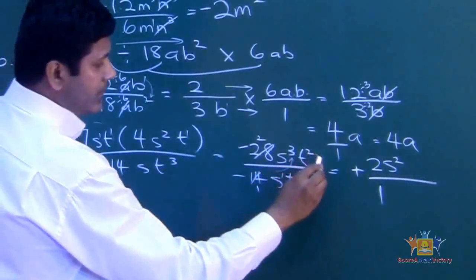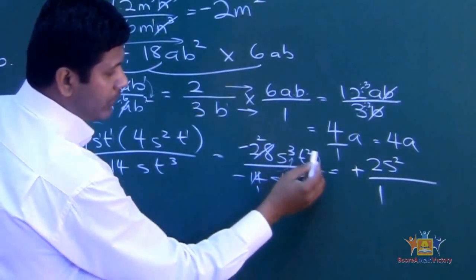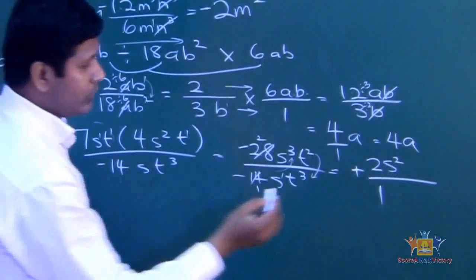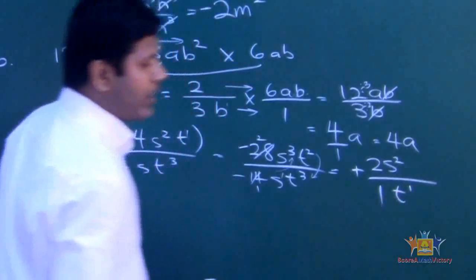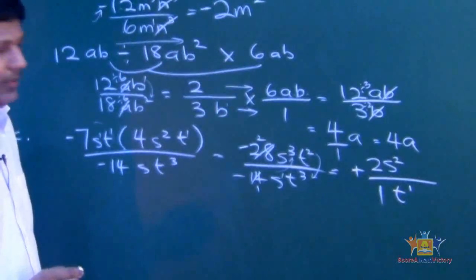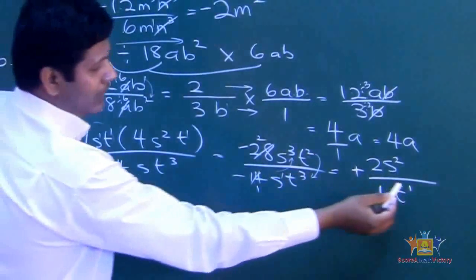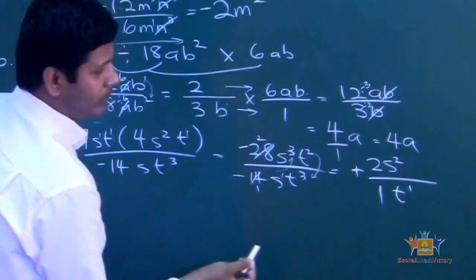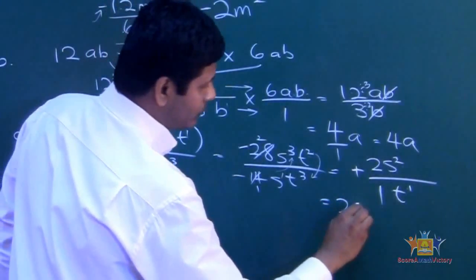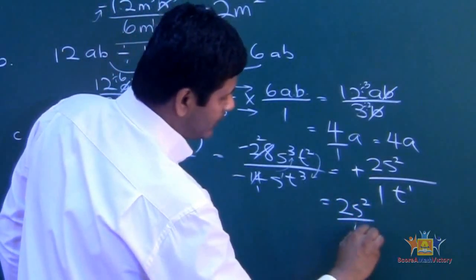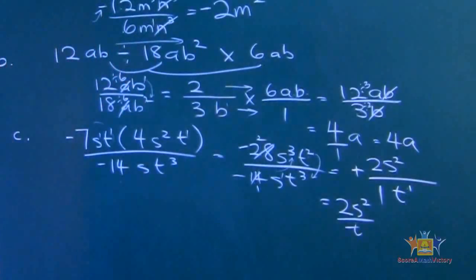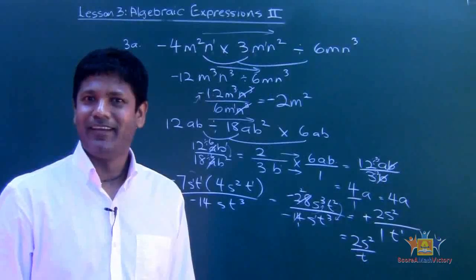Now I bring this one down because this is bigger, that one's smaller. 3 minus 2. T to the 1. That's the left one. 3 minus 2 is 1. So that means 2S squared over T, right there. That's the final answer. You got it?